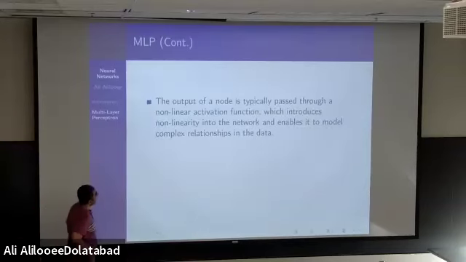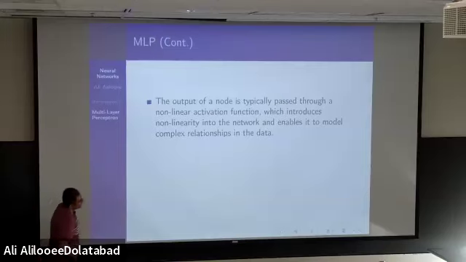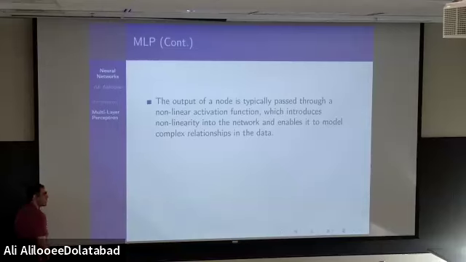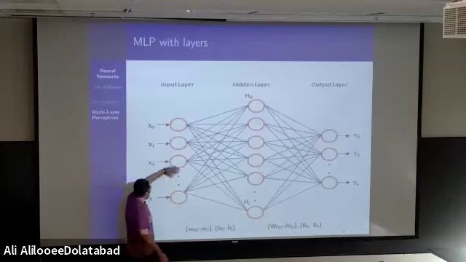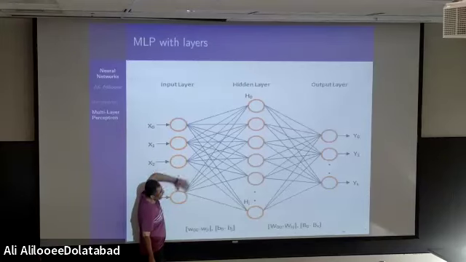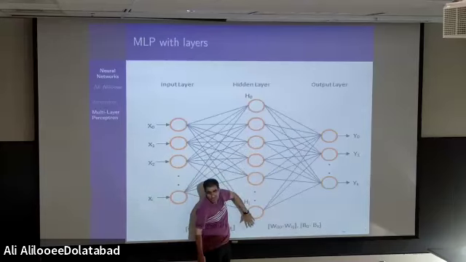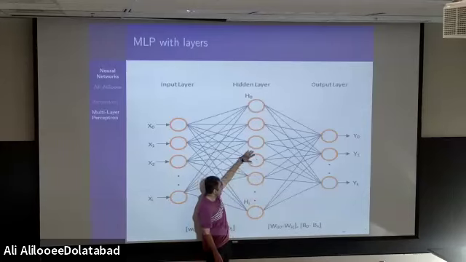Okay, so the output of a node is typically passed through a nonlinear activation, as we explained before, which introduces nonlinearity into the network and enables it to model complex relations in the data. As we explained, all of these neurons that we have here, except the inputs, consist of linearity and activation.